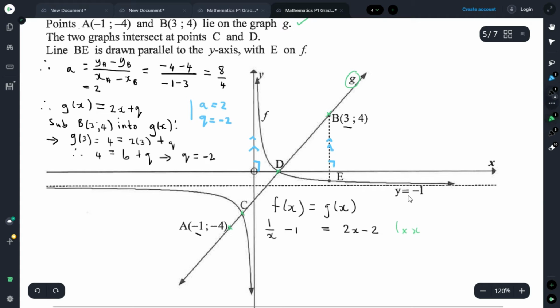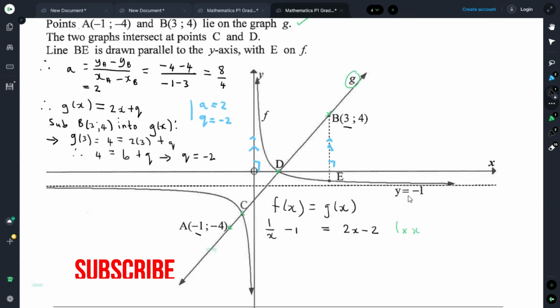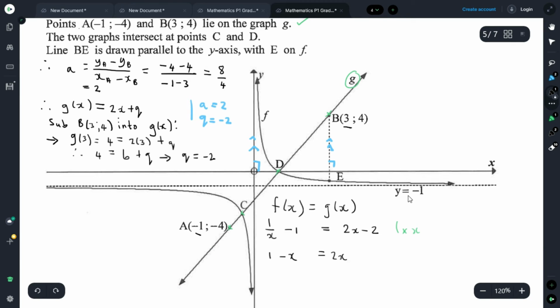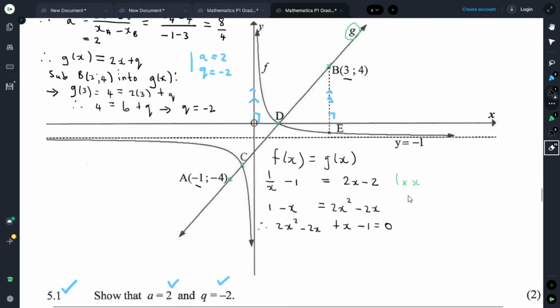So we are left with, let's start with the left hand side, 1 is equals to 2x squared minus 2x. Remember, all that I did was multiply left hand side and right hand side by x. So write this in standard quadratic form, right, so that we can find the solutions.